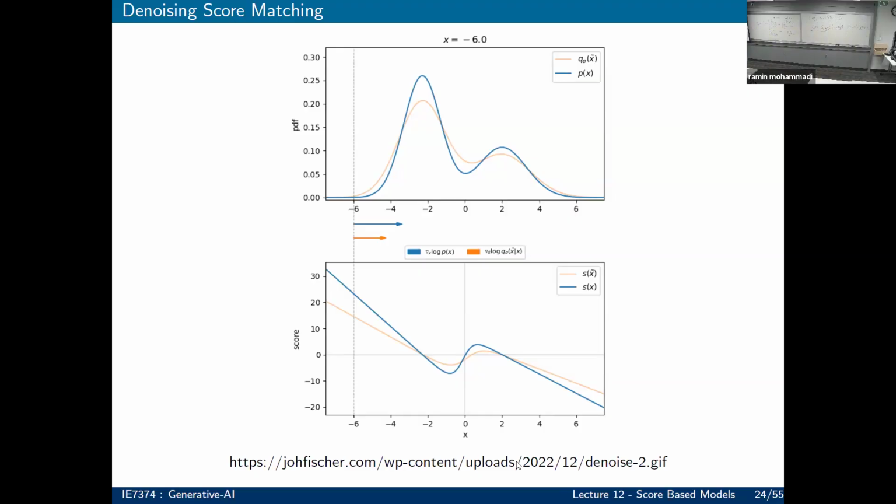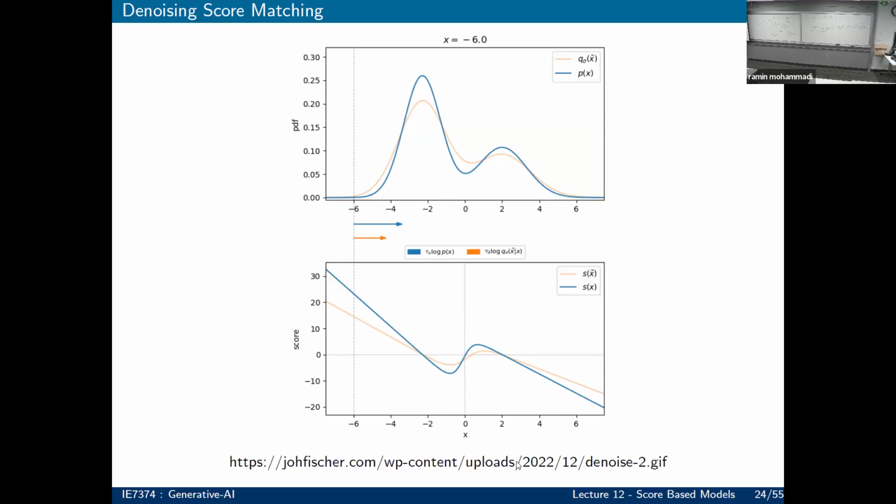When you are getting close to the region of high density, the arrow basically tells you to go this way. The farther you are, the longer the arrow becomes. If you're so far from here, you see the arrow is large. As you denoise and get closer to this region, the gradient becomes smaller. Depending also on which modality you're approaching, the arrow will change.